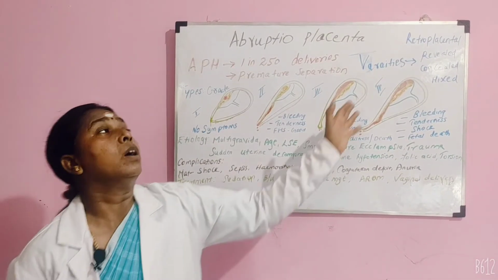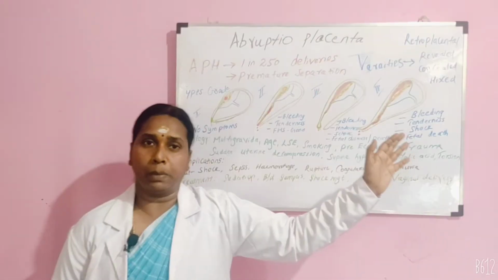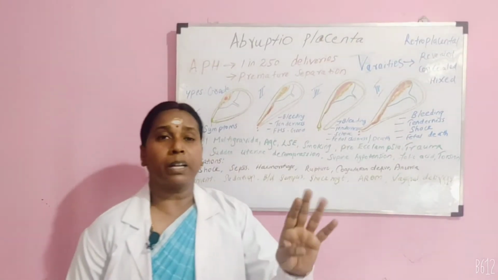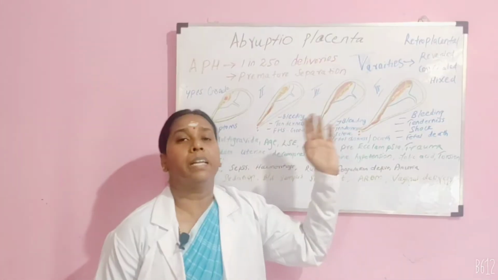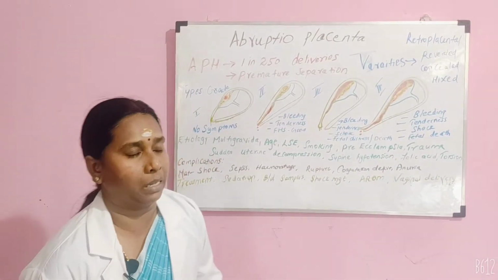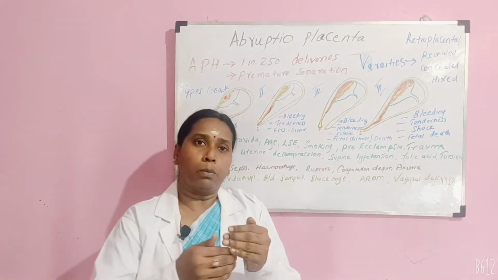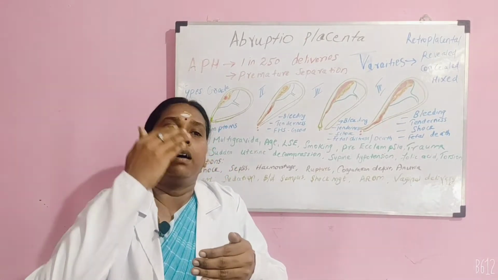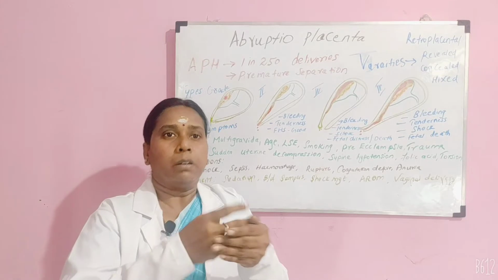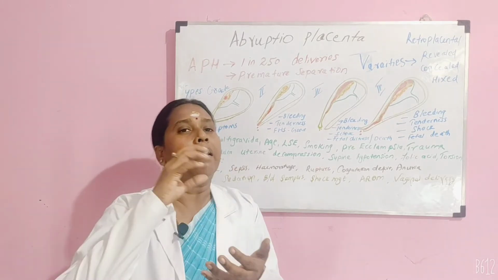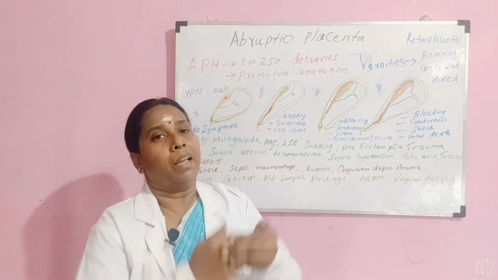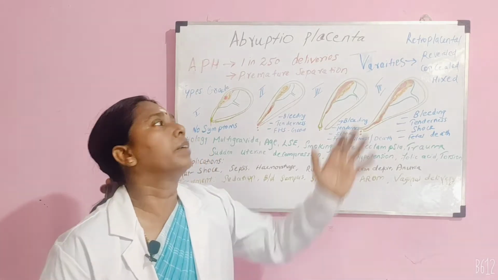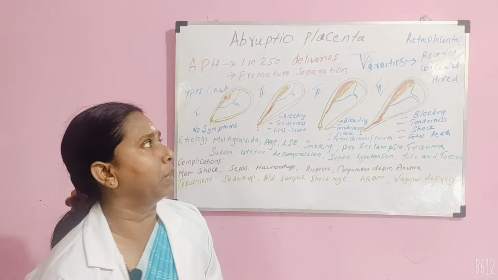Then we come to the varieties of abruptio placenta. Here we have 4 varieties, where the first one is retroplacental abruptio placenta. That is, the separation begins from behind, and the blood clot gets accumulated behind the placenta.